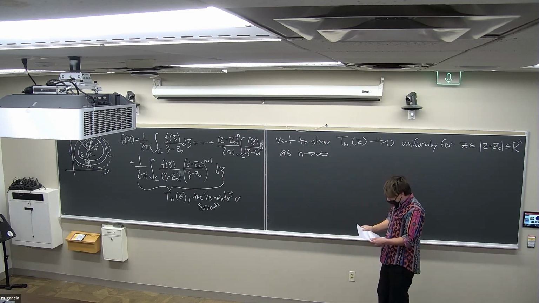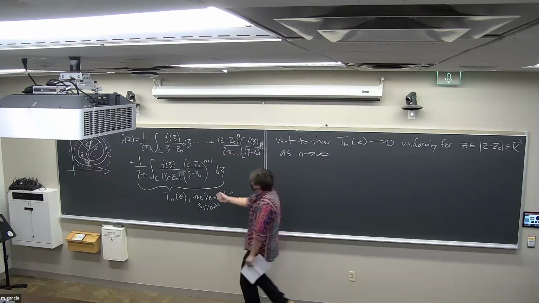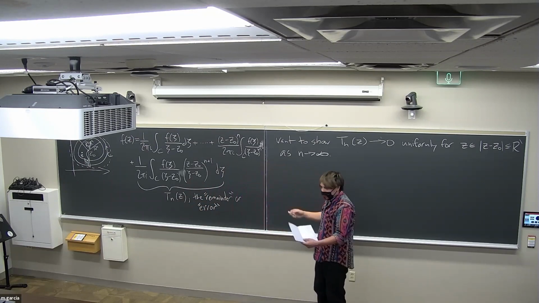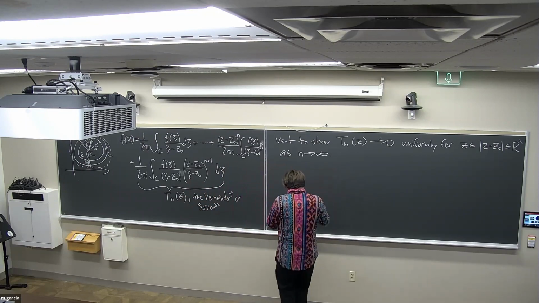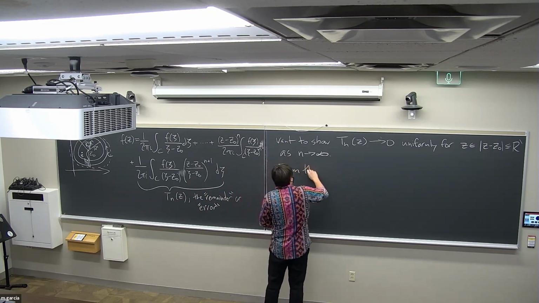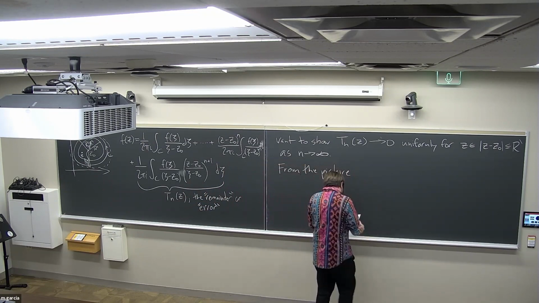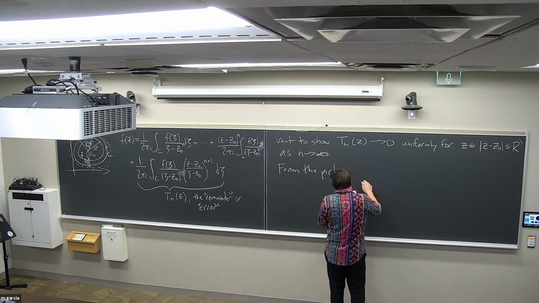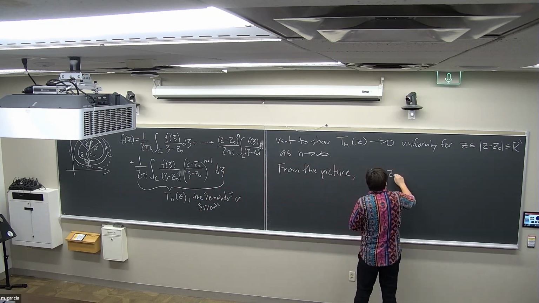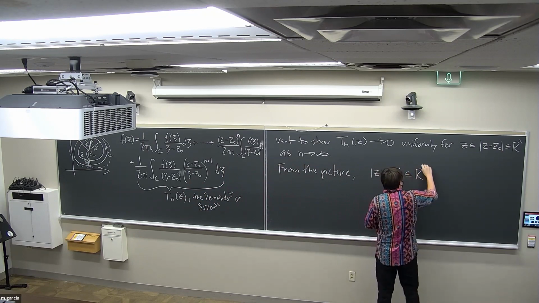Let's pick the integrand apart and see what we can say about the bounding of the modulus. From the picture, what do we have? First of all, we have that the modulus of z minus z naught is less than or equal to r prime.